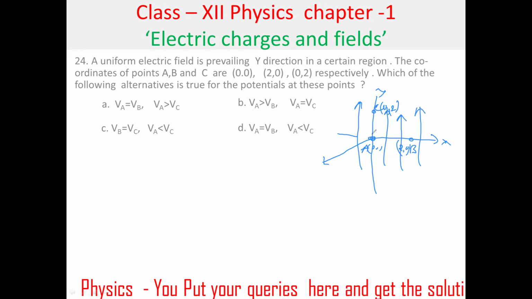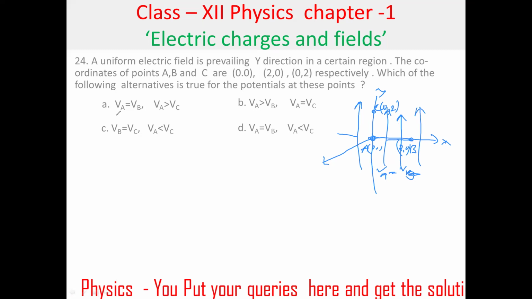See, this point and this point lie on the same line, so it is an equipotential line, because the electric field is in the y direction and this line lies in the x direction. So VA and VB will be the same, but VA is less than VC, VC is greater than VB.